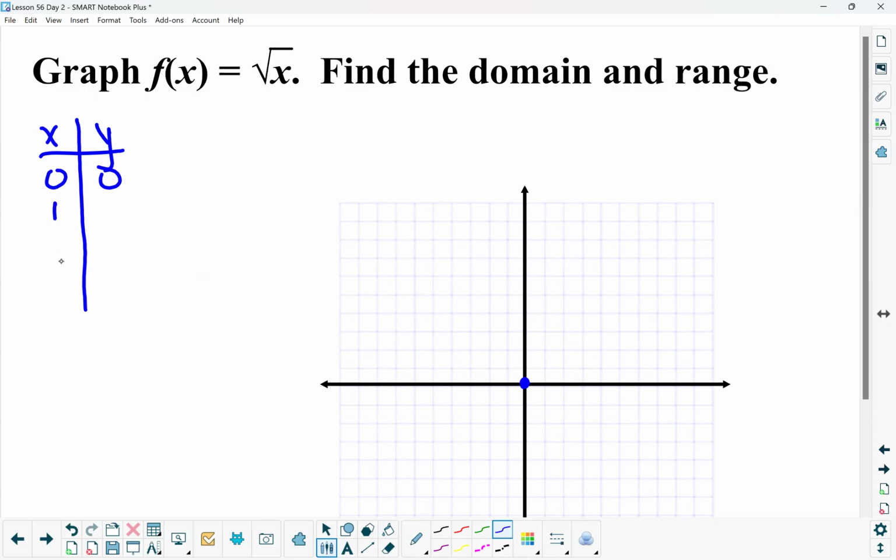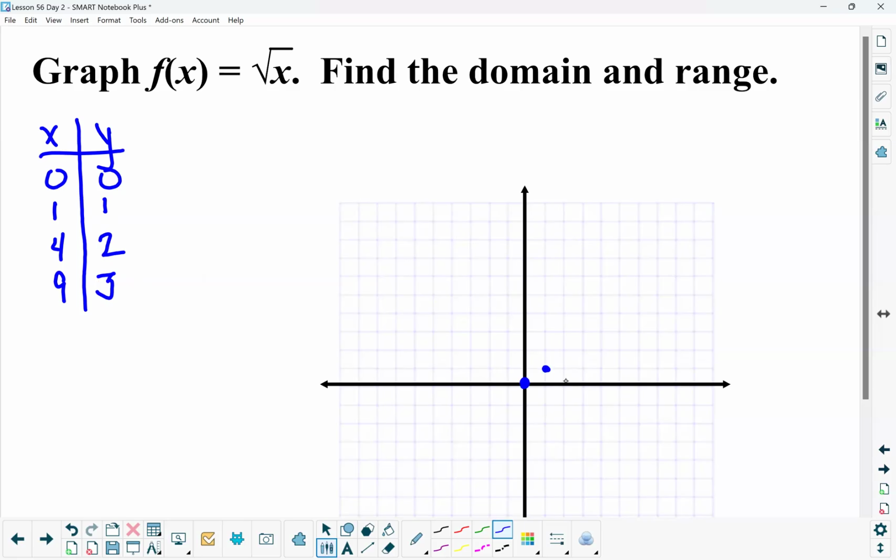I'm going to use 1, 4, and 9. The reason I'm choosing those is that they are perfect squares, so when I take the square root, I get a whole number. For instance, the square root of 1 is 1, the square root of 4 is 2, and the square root of 9 is 3.